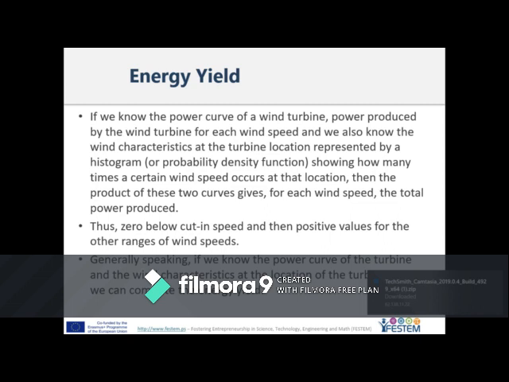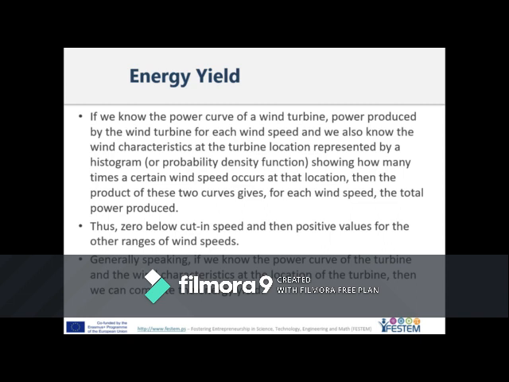Thus, zero power below the cut-in speed, then a positive value for the other ranges of wind speed. When we start producing power, we hit the maximum in the middle, and we end up with the cut-off speed.